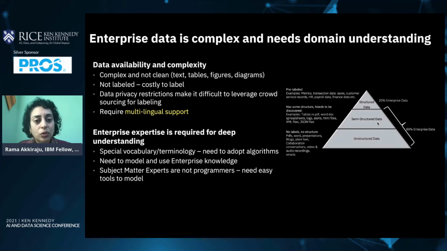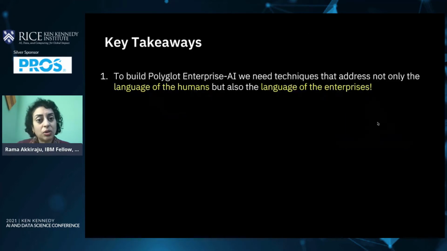And add to all of those format challenges, there are privacy restrictions, and this data comes in many languages, languages that humans speak, and also languages with domain specific context, like in the healthcare domain and in contract understanding domain and in financial services domain and so on. So enterprise expertise is required to really label the data, and often these subject matter experts don't have that much time and they don't have enough tools to label the data, and therefore this whole life cycle of teaching AI to speak different languages becomes a very complex thing.